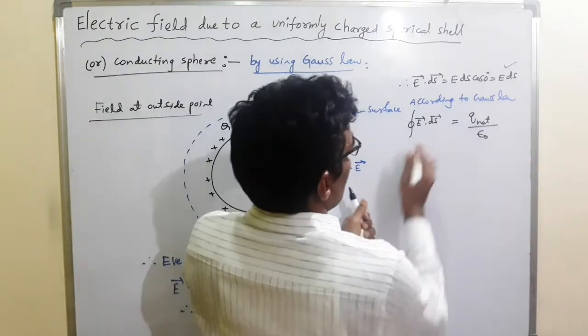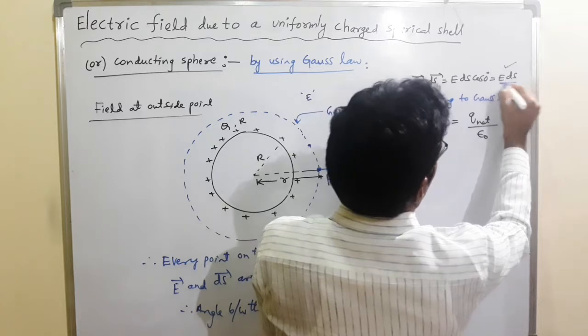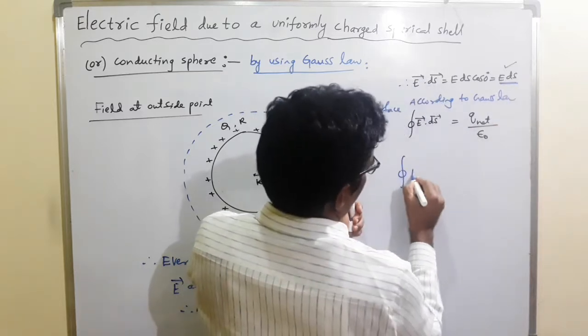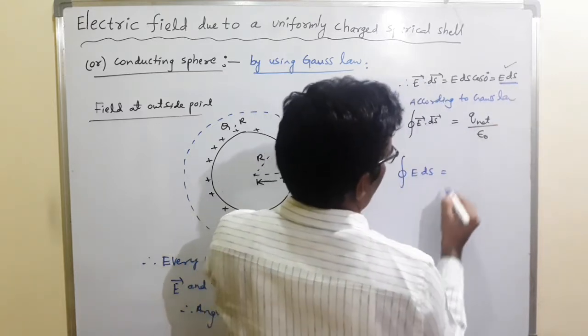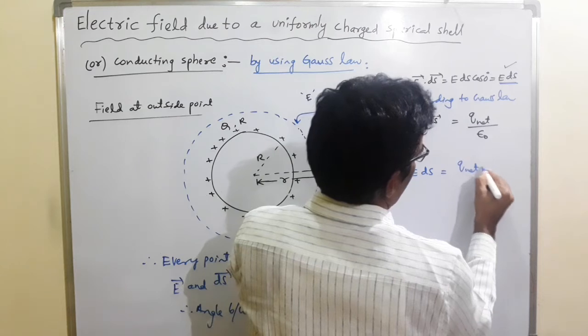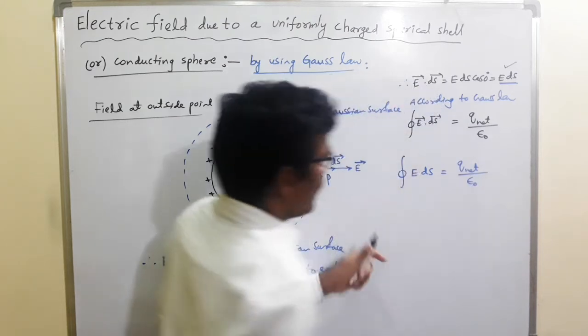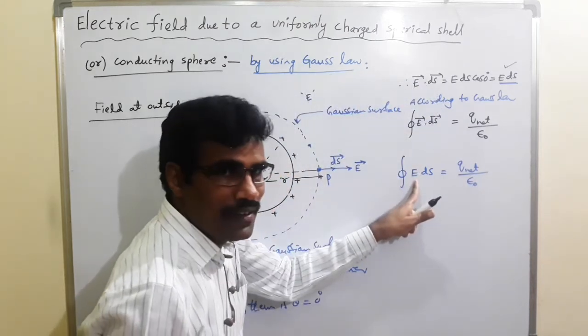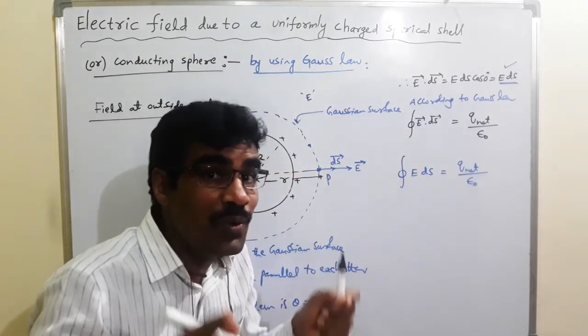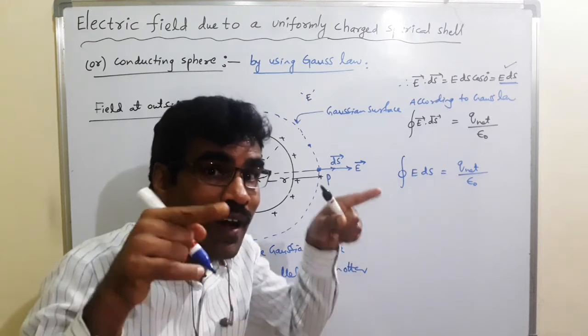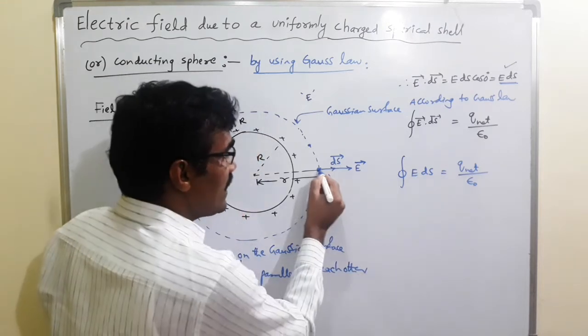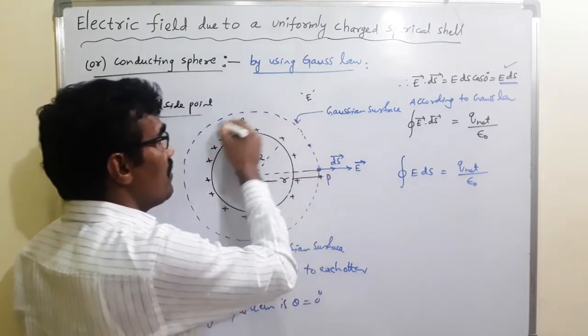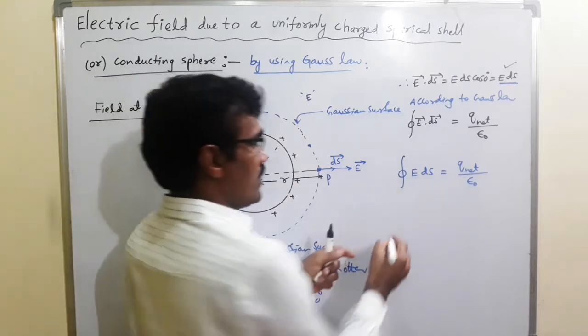So E bar dot dS bar is E dS, and the integral of E dS equals Q net by epsilon naught. Here E is constant, the magnitude of intensity of electric field on the Gaussian surface, everywhere E.